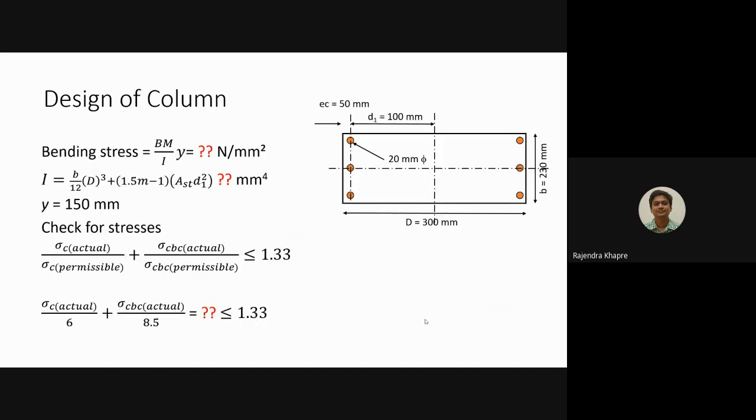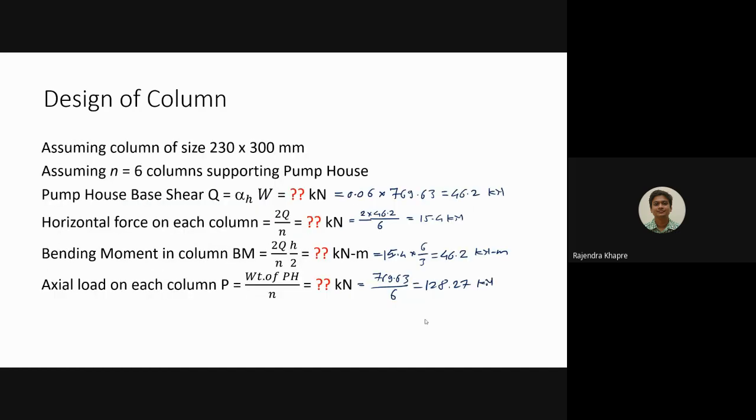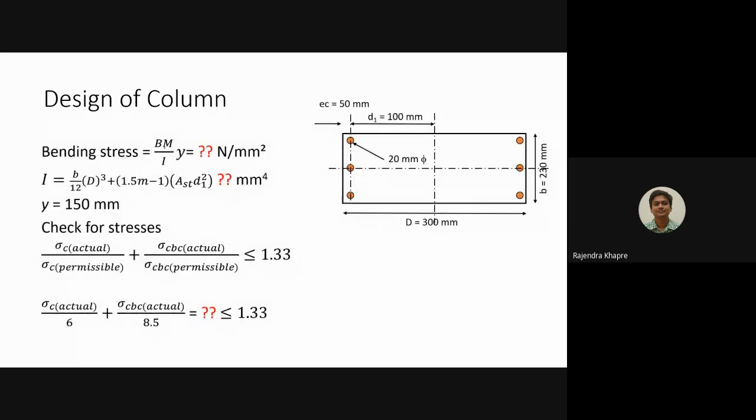Okay, now let us take the bending stress also. So bending stress is M by I into y. The bending moment value is already known to you. We have already calculated the bending moment value, that is 46.2 kilonewton meter. So this is 46.2 into 10 to the power 6.